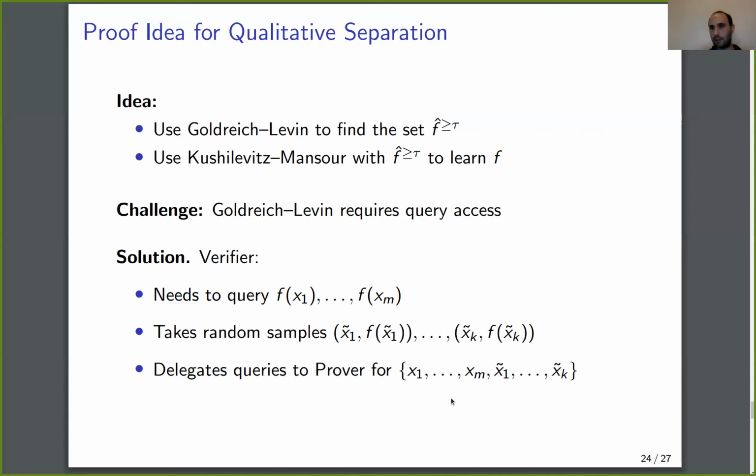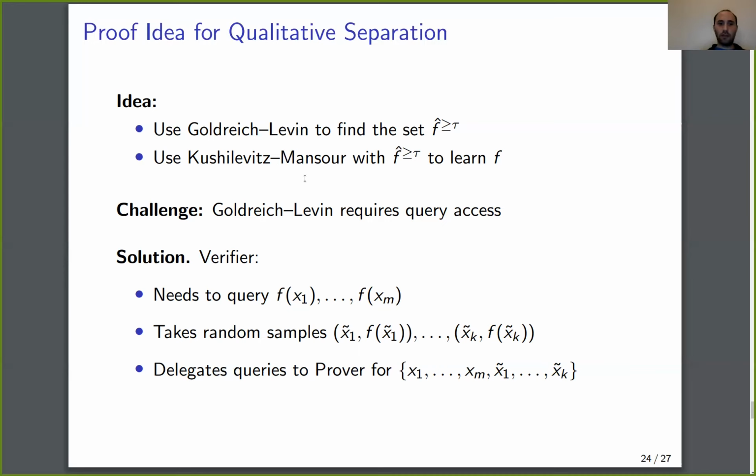The verifier will continue the simulation of the Goldreich-Levin algorithm, and then it finds the set of heavy coefficients, those that weigh at least tau. And from that point, it can proceed on its own because the Kushilevitz-Mansour algorithm only requires random samples.